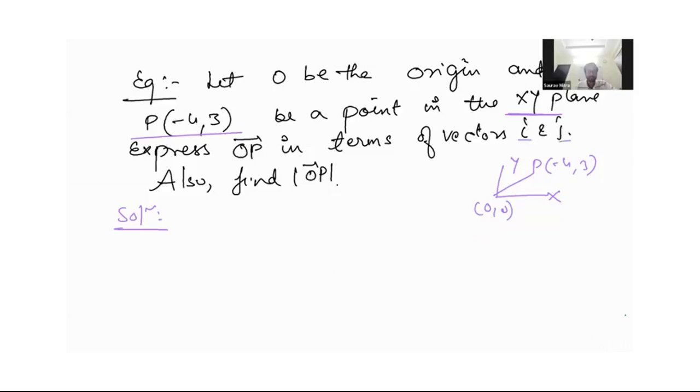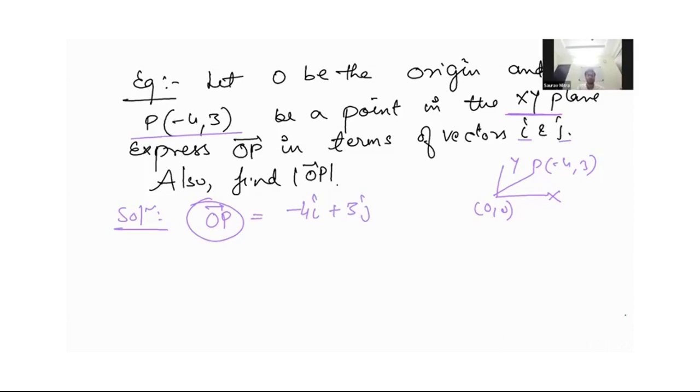So we know that OP is a vector. That means you have to find the position vector OP. All position vectors are from the origin, so we will write it as minus 4i plus 3j.